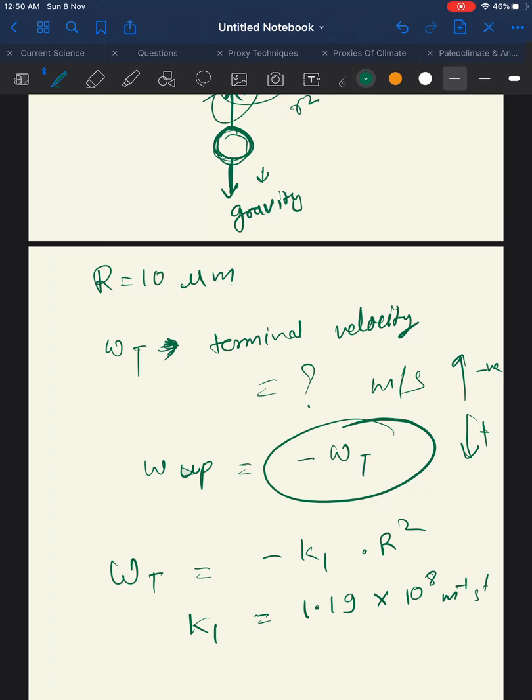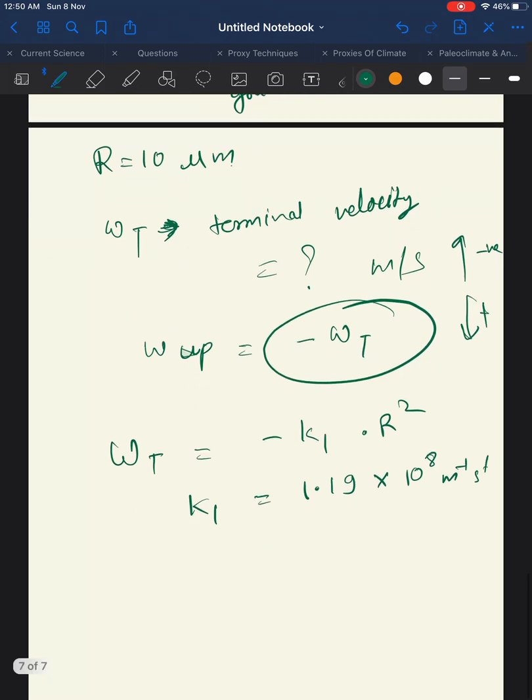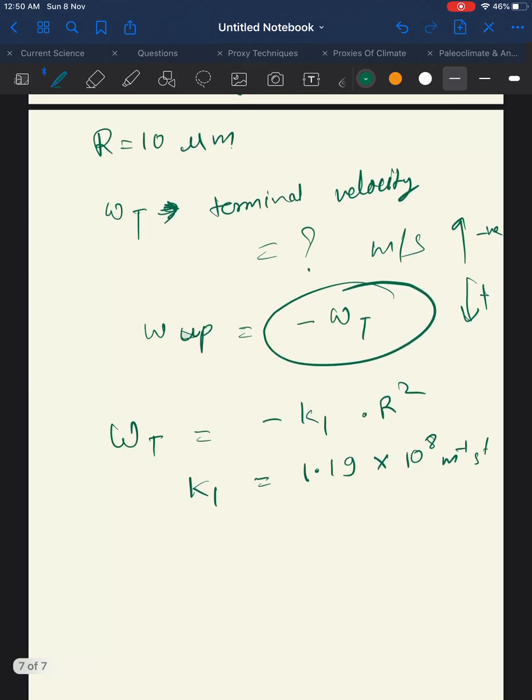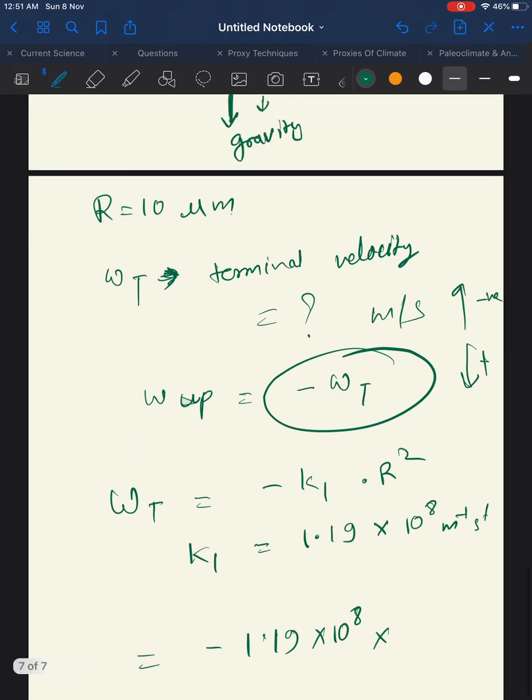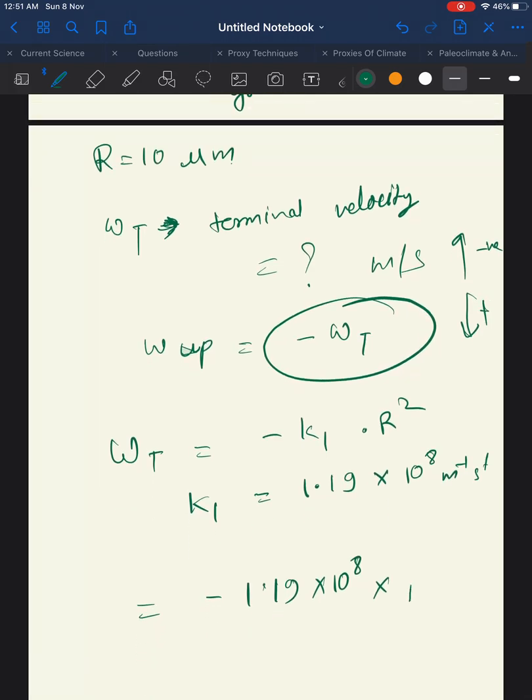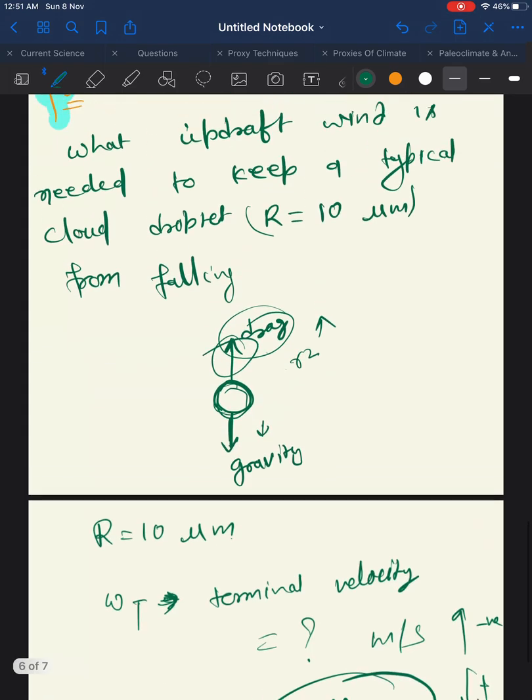The negative sign indicates the droplet is falling down. So just write the formula. K1 is already given, 1.19 into 10 to the power 8, into R, which is 10. So 10 into 10, that is 100.